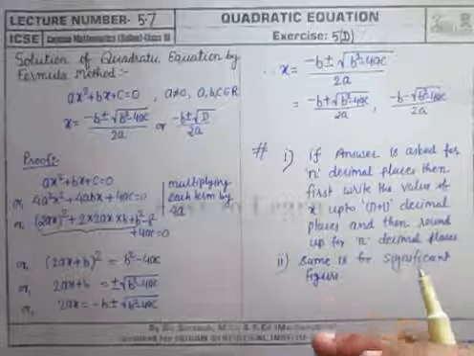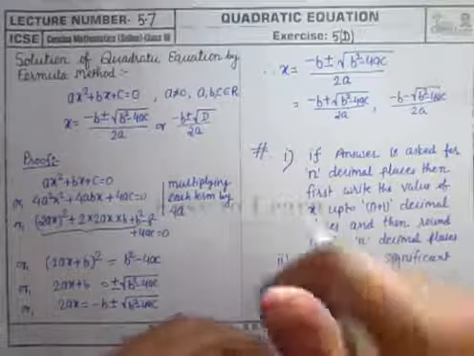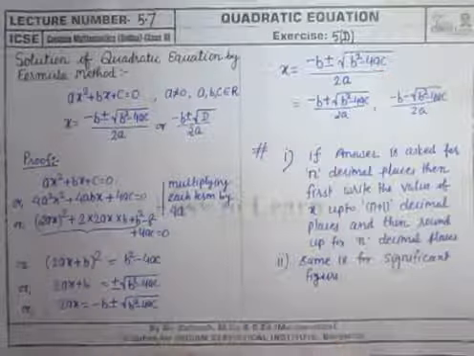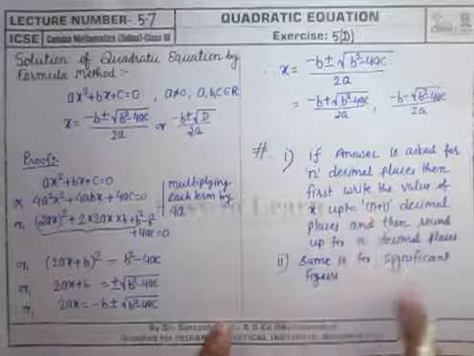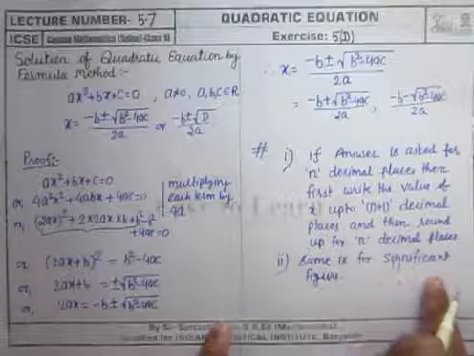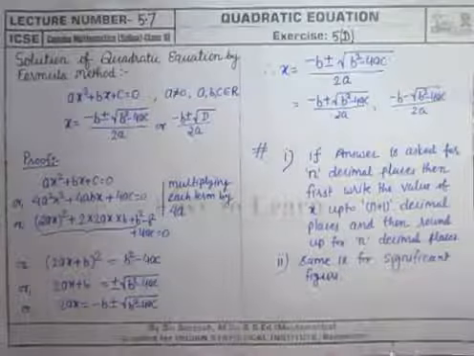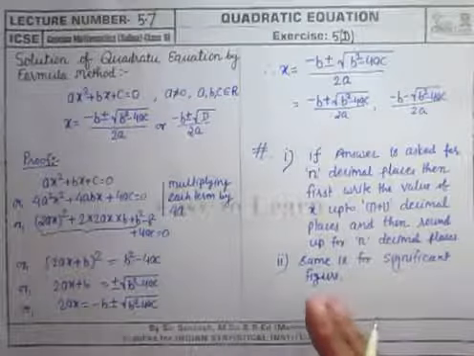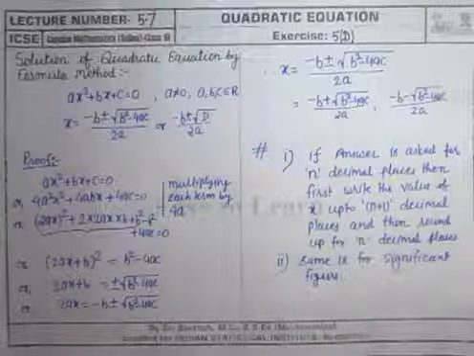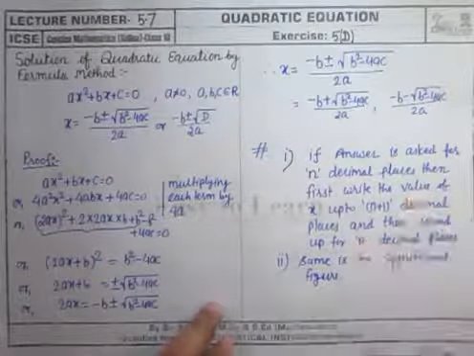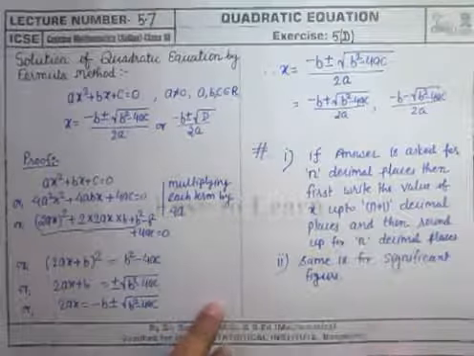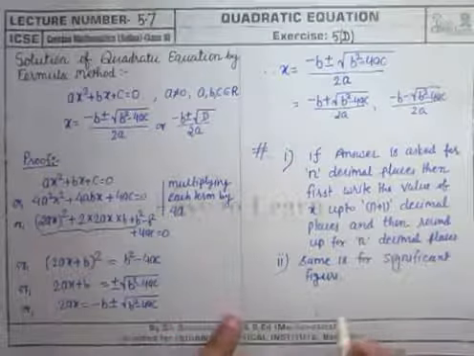First you get the answer up to 1 more significant figure and then round it off. Now the rules of rounding off and the rule of counting significant figures I have discussed in another video. So from there you can get the idea of counting significant figures and rounding of numbers.